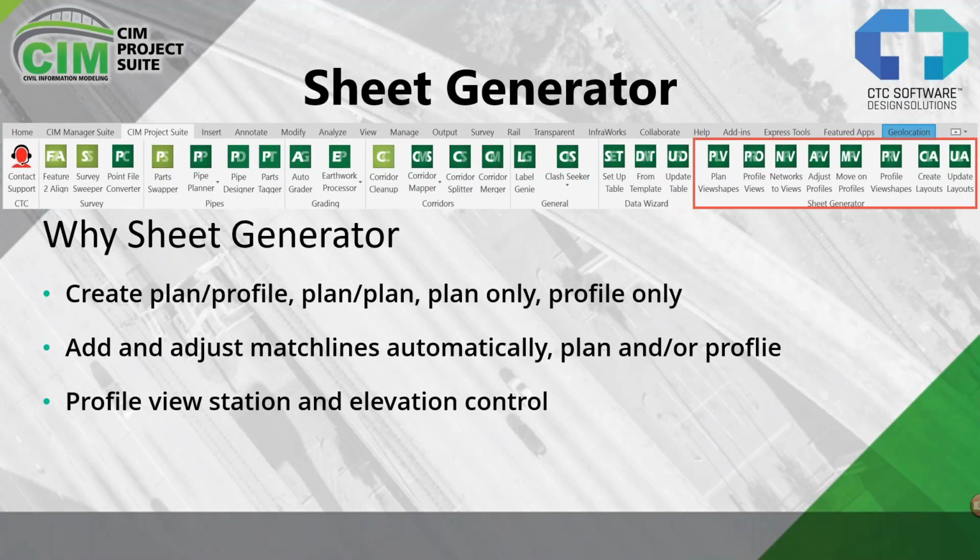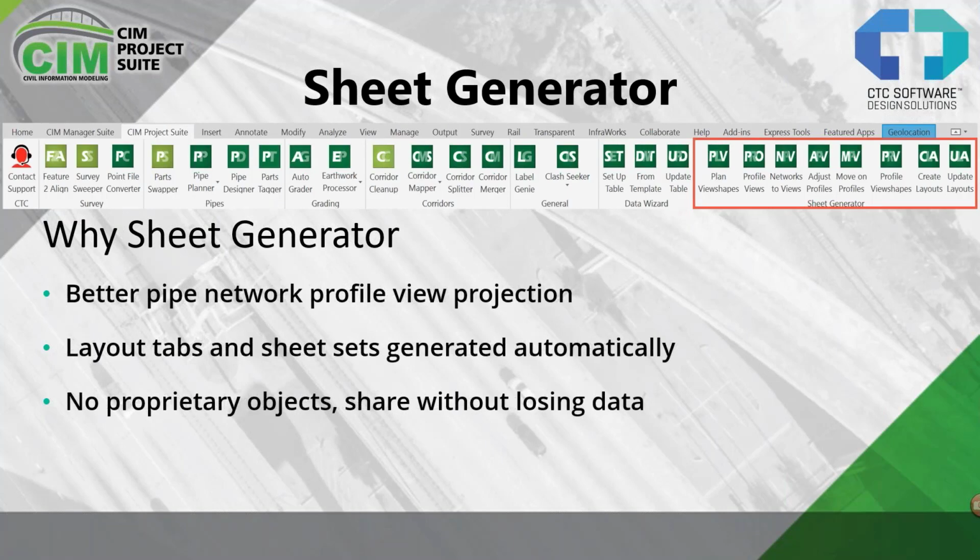Then we can add and adjust match lines automatically, which Civil 3D does not do. We can add them to plan and profile, plan and plan, or profile by itself if you need to. We have better profile view station and elevation control, which we will get to today. We also have better pipe network profile view projection.